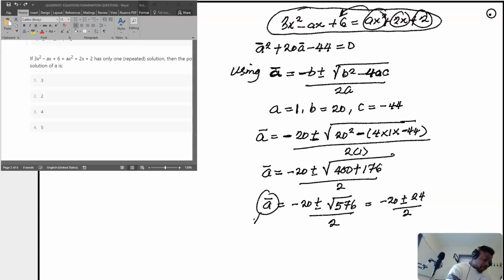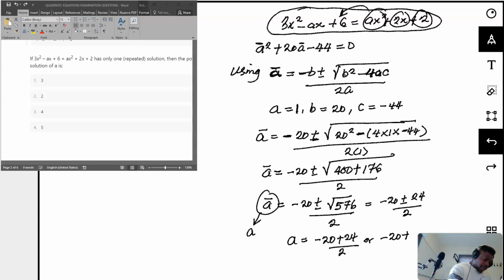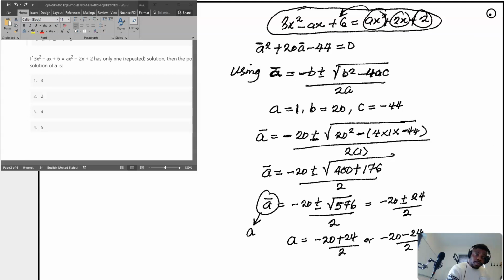Remember, I can change this back to a now since we made it that. So this is minus 20 plus 24 over 2, or minus 20 minus 24 over 2. In this case now we use minus since we already used plus. So here a is equal to minus 20 plus 24, that is 4. 4 divided by 2, that is 2.